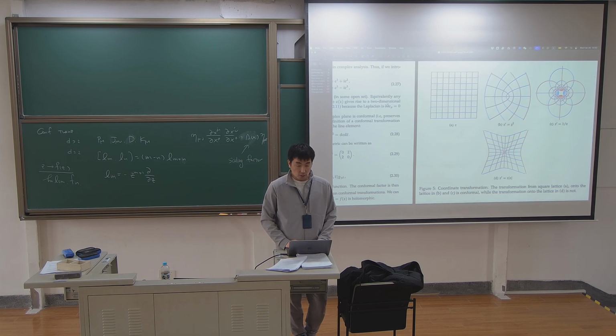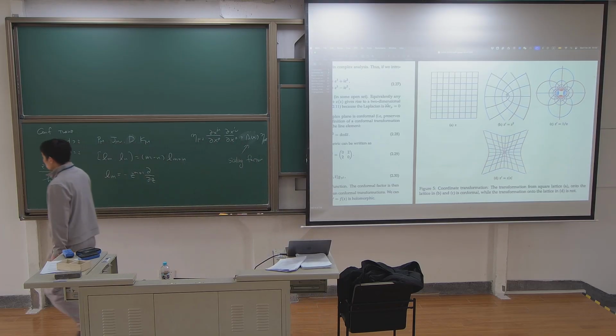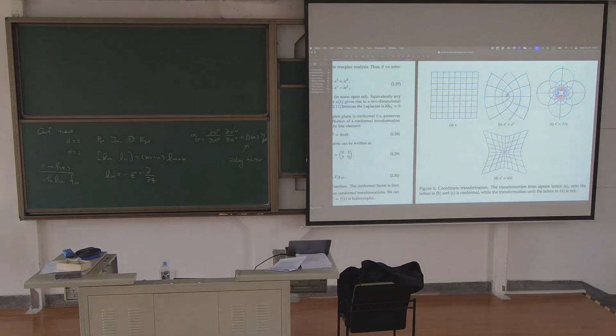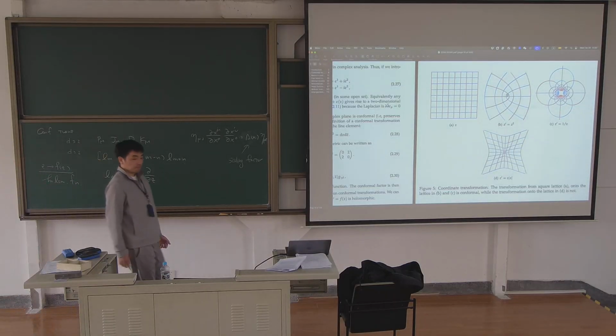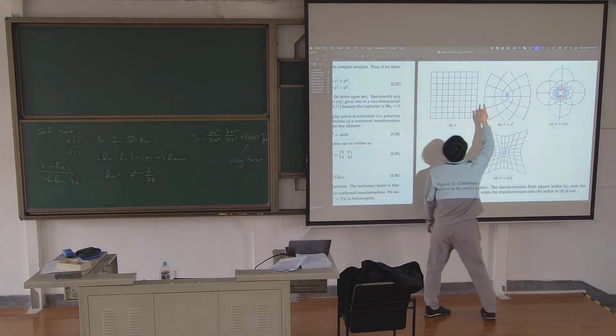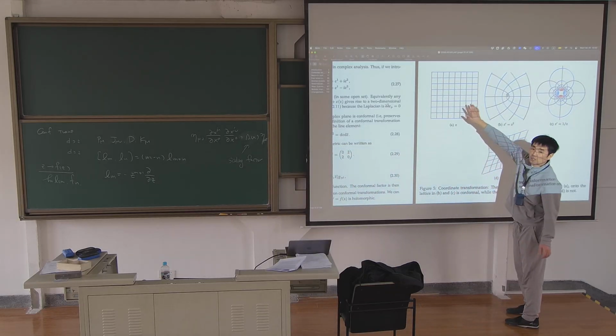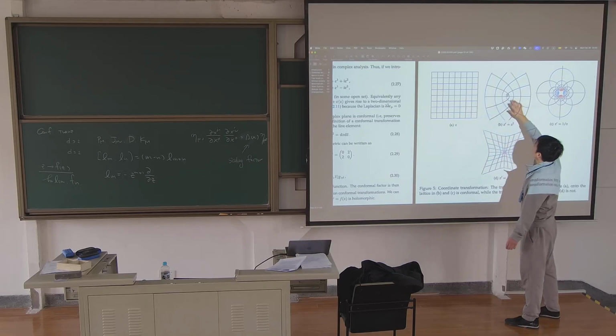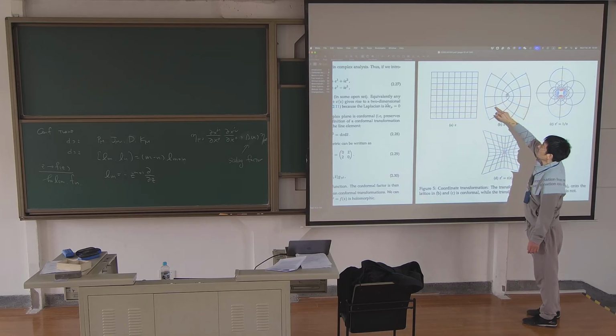Z goes to z squared becomes like this shape. As you can easily see, this 2-dimensional grid becomes like this, but at each intersection the angle is preserved. It's orthogonal.